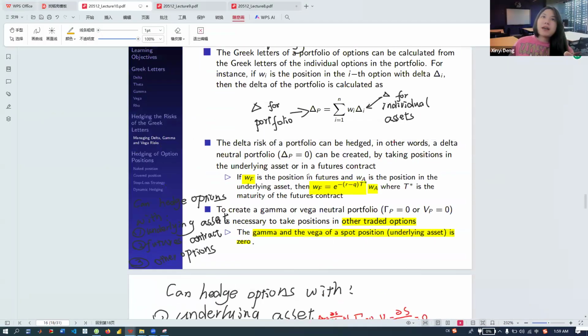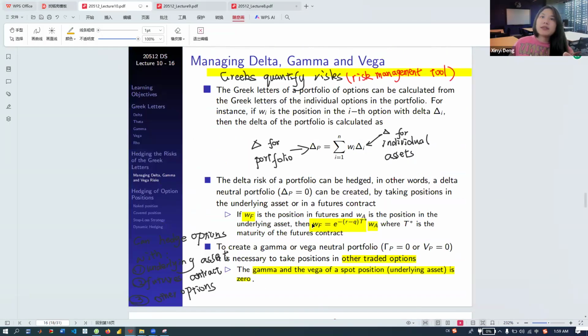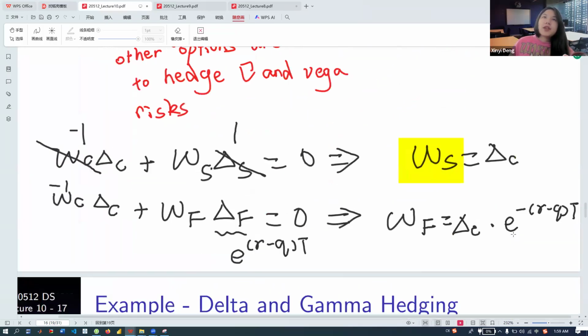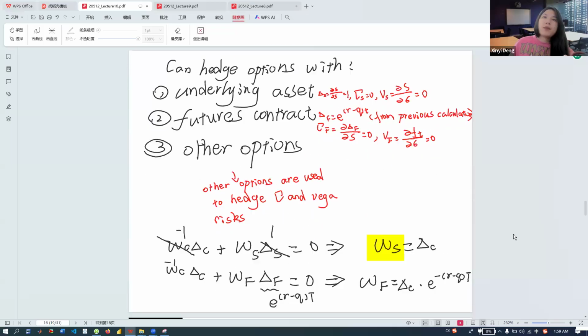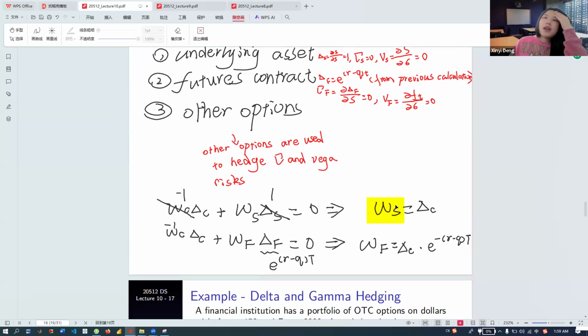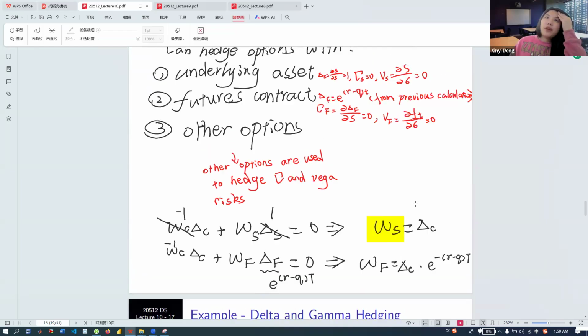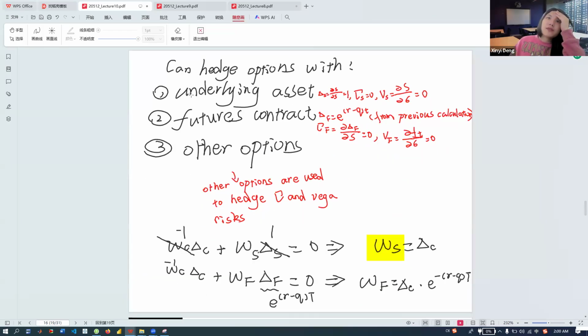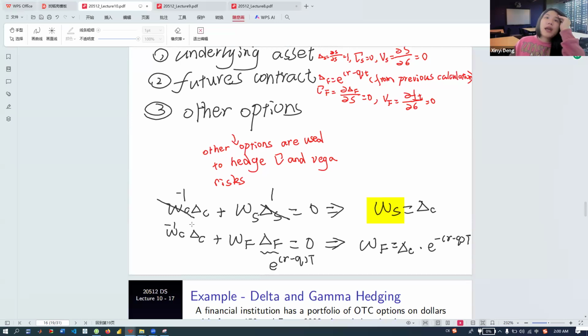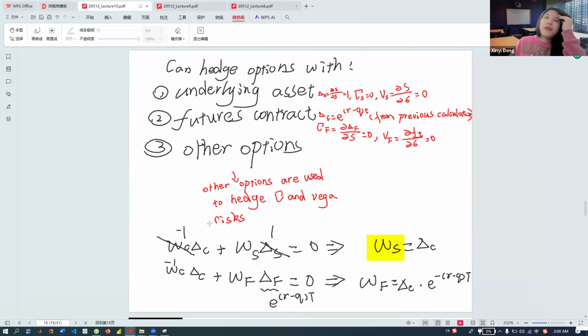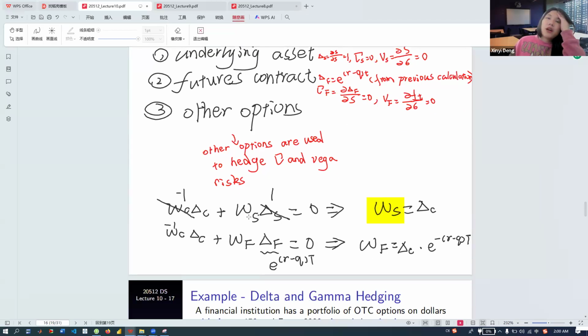Now, let me get back to the second bullet point and help you guys derive this equation here. Based on the data we derived, if we want to create a delta neutral portfolio utilizing the option together with the underlying asset, then we have WC times delta C, where WC stands for the position in the call, plus WS times delta S is equal to 0. WS stands for the weight in the underlying.